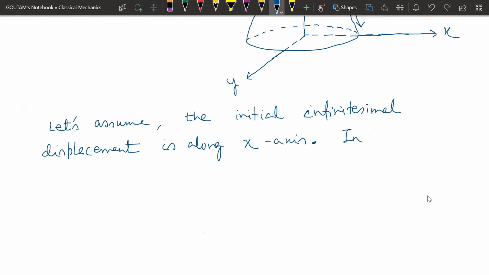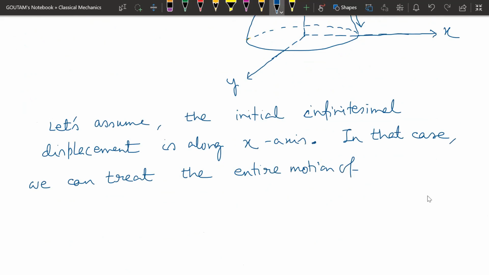In that case, we can treat the entire motion of the particle in the 2D xz plane.